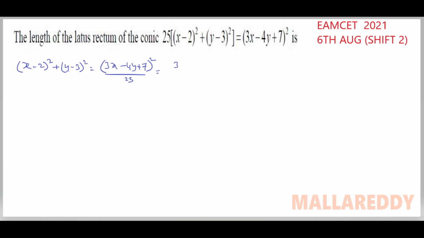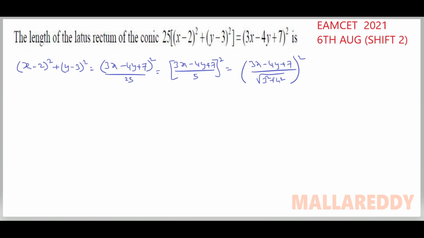That is equal to 3x minus 4y plus 7 by 5 whole square. This is equal to 3x minus 4y plus 7 by 5, that is root over 3 square plus 4 square, whole square. So this is the parabola.